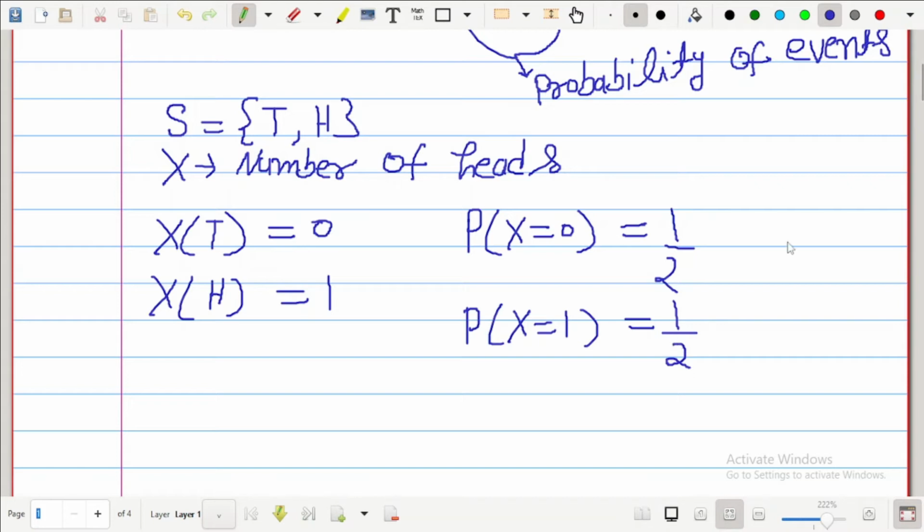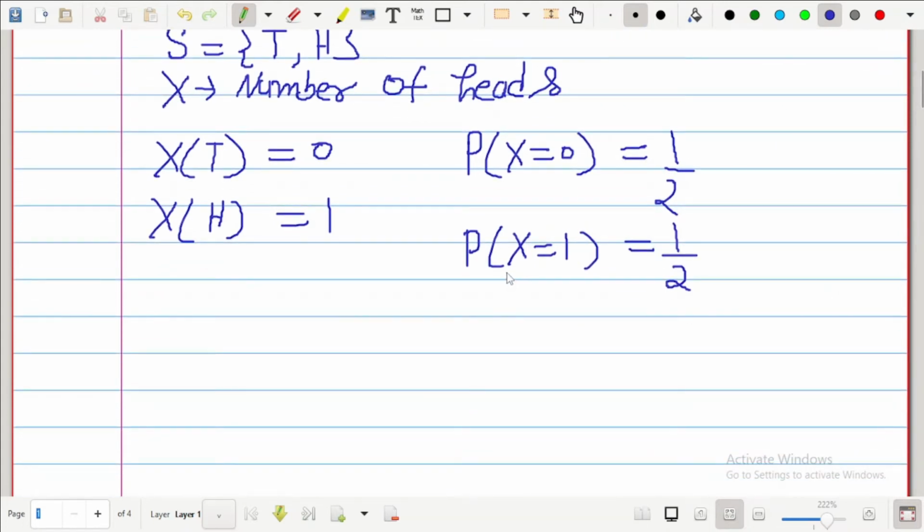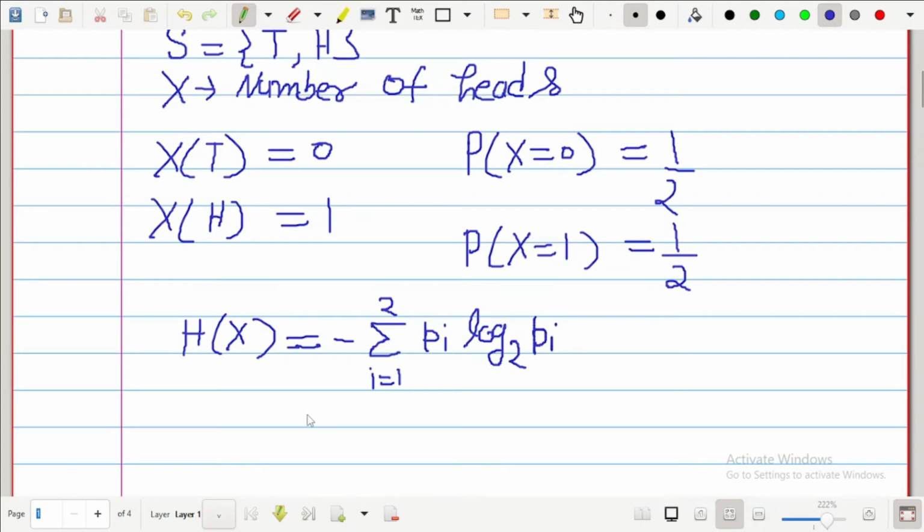Now if you calculate entropy, here H(X) is equal to minus summation over i equal to 1 to 2 of p_i log base 2 p_i.